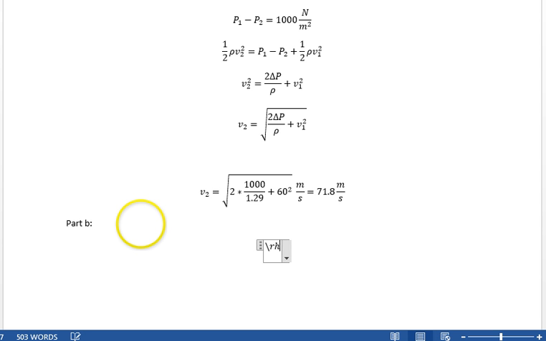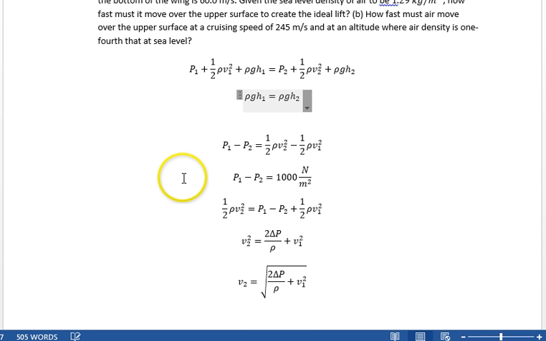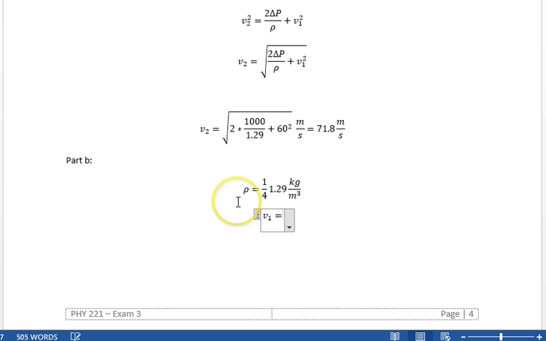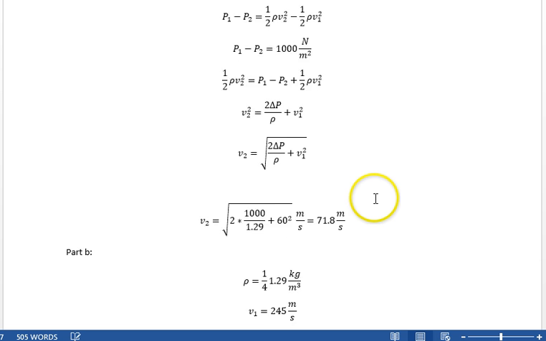All right. So part B. Rho equals 1/4 of 1.29 kilograms per cubic meter. Right. And V1 is now 245 meters per second. Okay? And the question is, now the exact same equations apply.